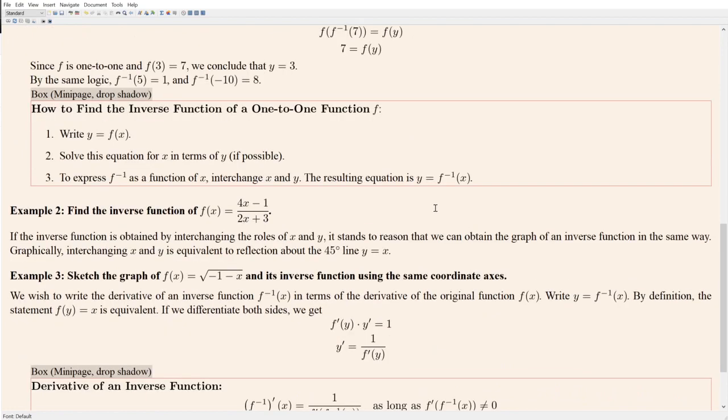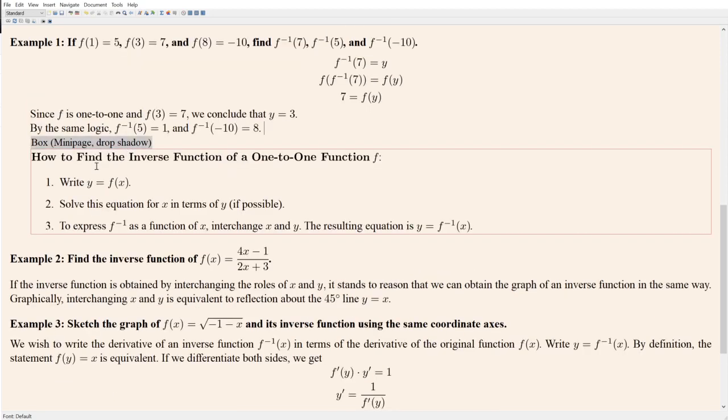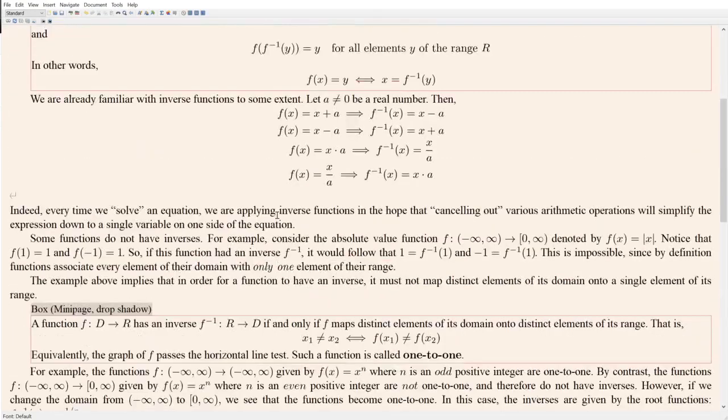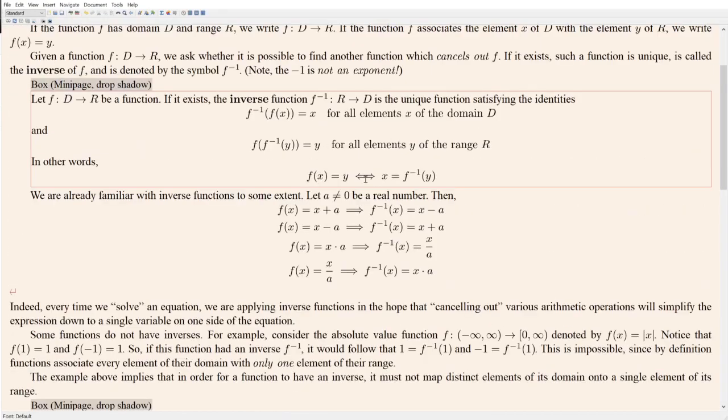Okay, so in general, we have the following procedure for constructing inverses. To find the inverse of a one-to-one function, we write y equals f of x, and then, as I just said, to get the inverse, you take f and move it to the other side. If f of x is equal to y, then x is equal to f inverse of y.